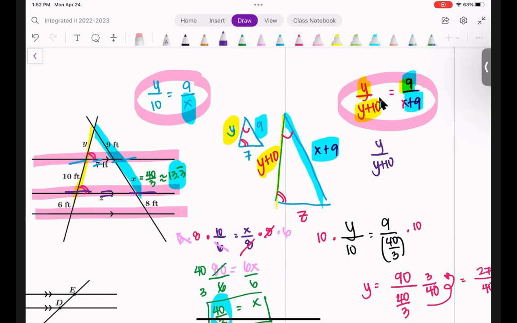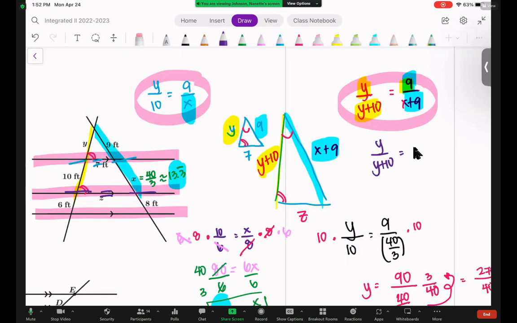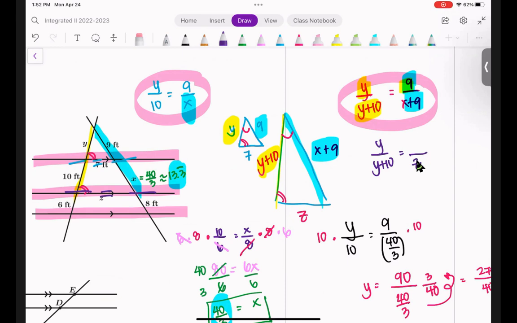Okay, y over y plus 10 equals z. Now, where does z go? Should z go on the top or should z go on the bottom? Yeah, it goes on the bottom. Why, Miss Johnson? Because z is part of the same triangle that y plus 10 is. So you got to put him in his spot. So z, and then that means that I'm going to put 9 on the top.